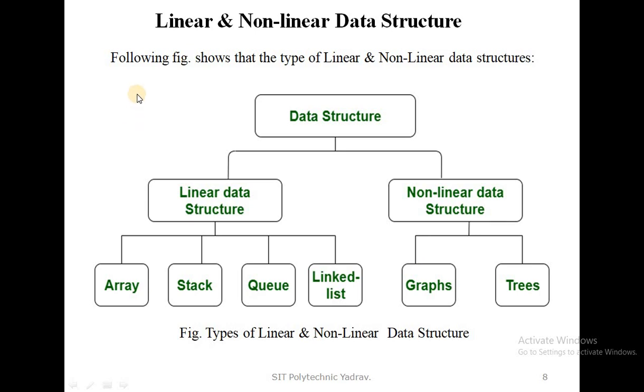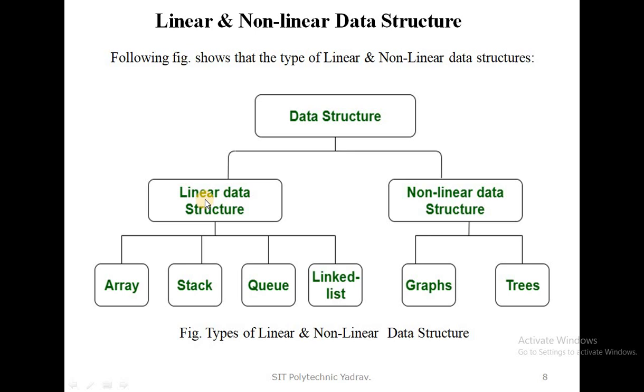Okay, in this slide we show a separate diagram of the types of linear and non-linear data structures. The following figure shows the types of linear and non-linear data structures. They are classified into two types, linear data structure and non-linear data structure.